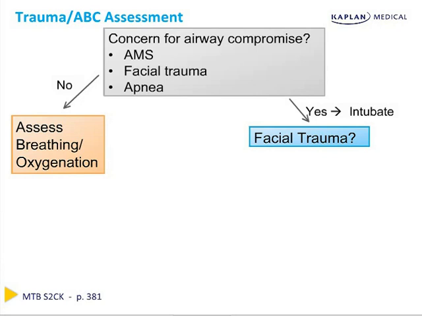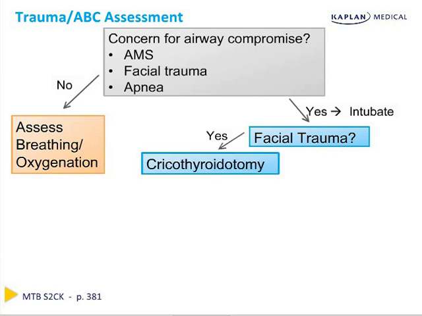Conversely, if the patient does require intubation, there are two key situations in which classic orotracheal intubation is not the correct answer. Firstly, if the patient does have significant facial or neck trauma, you may not mechanically be able to place an orotracheal tube due to underlying structural damage, or you may worsen the existing injuries during the manipulation to get the tube down.